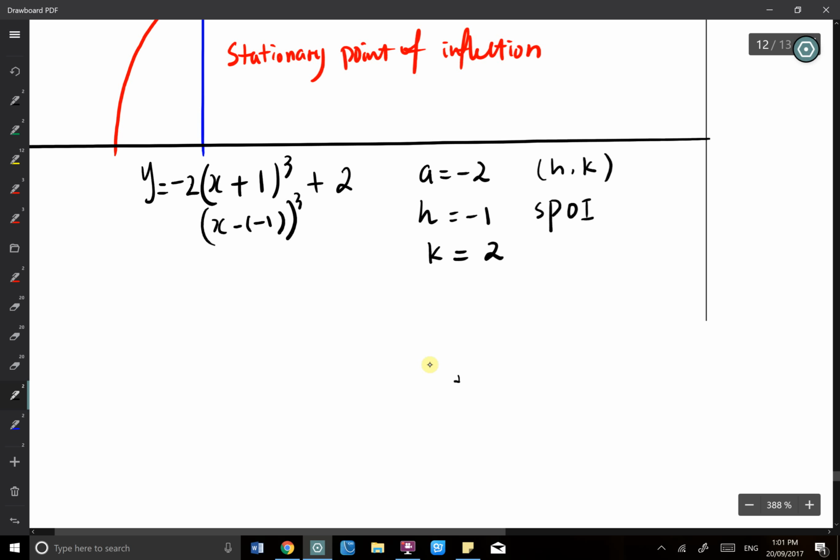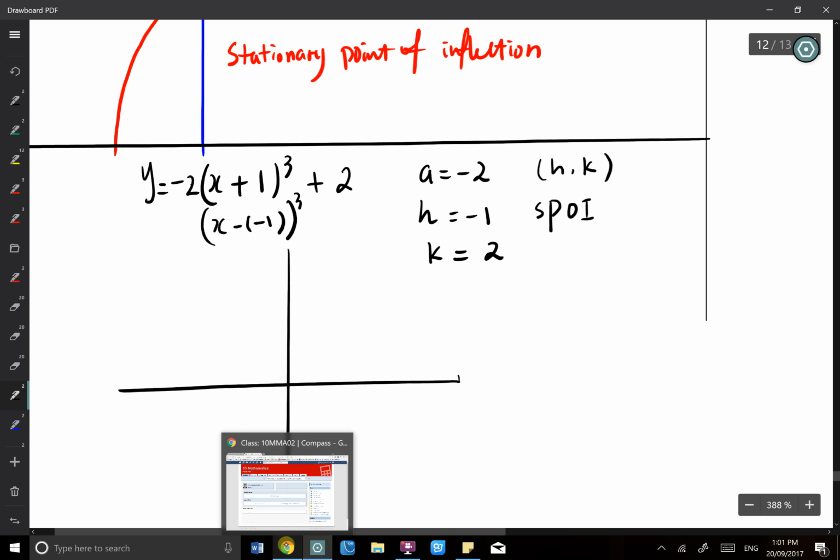So what I will do is find that point. The point is minus 1 and 2.